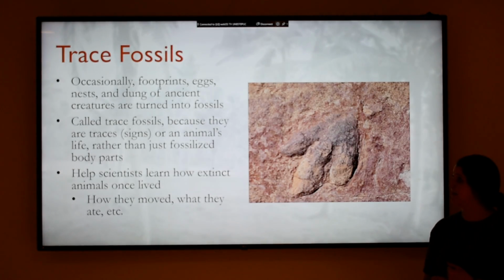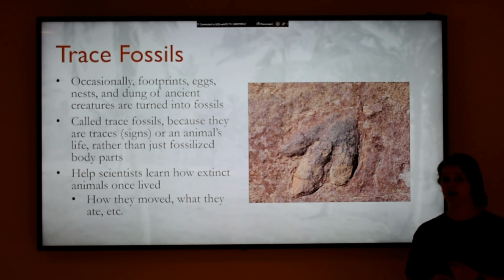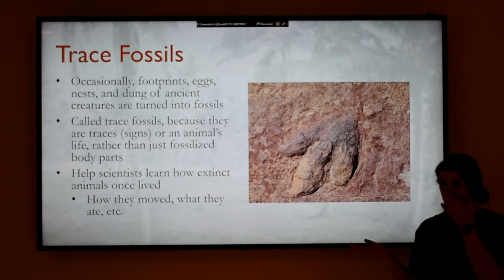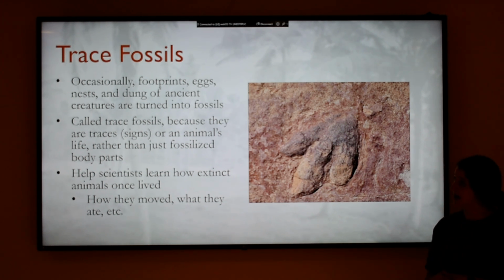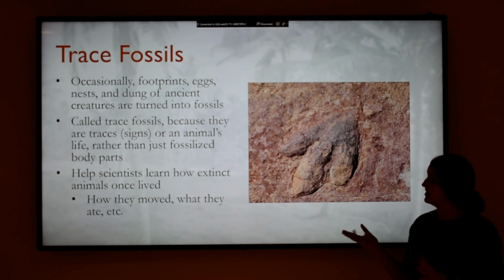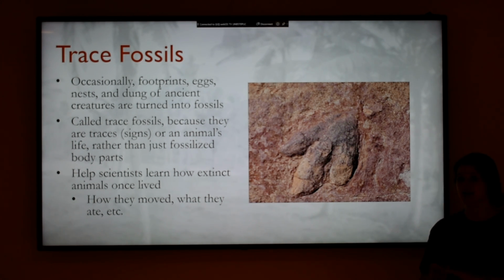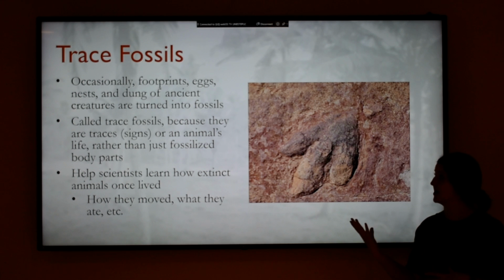The final type of fossil that we're going to talk about today are called trace fossils. Trace fossils are a little different from the ones we've talked about previously. Occasionally different aspects of a dinosaur's life, like their footprints, their eggs, nests, even their dung will turn into fossils.